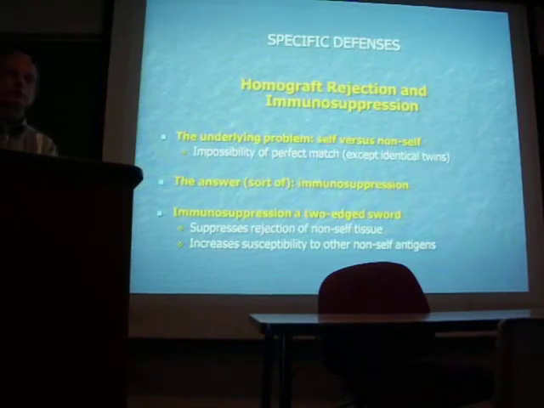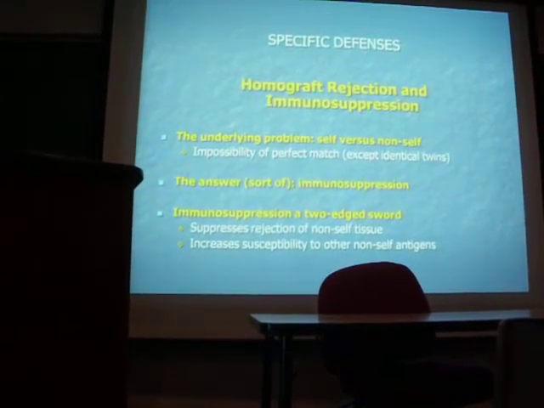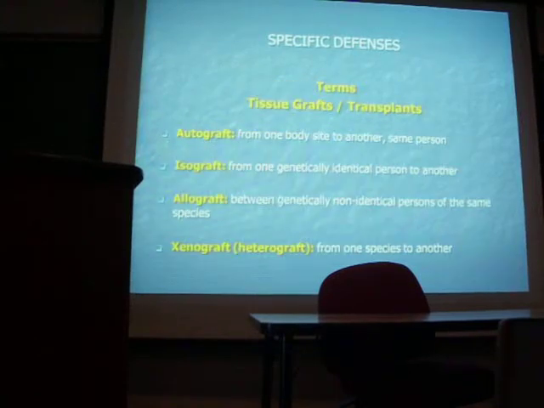Take, for an example, someone who has a successful kidney transplant. No problem with the transplant, but this person who never had a skin cancer now keeps having multiple skin cancers. Didn't happen before, but it only started once the transplant was done. So why? Likely answer, immunosuppression. They're more susceptible to infections and that sort of thing. So it's definitely a two-edged sword.